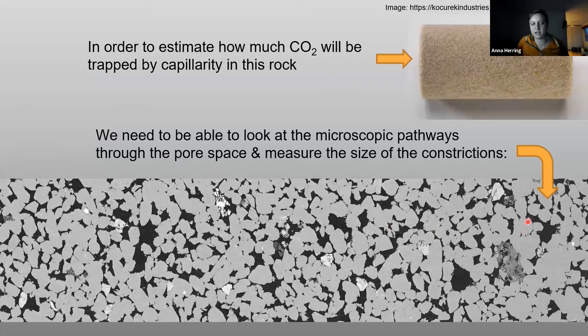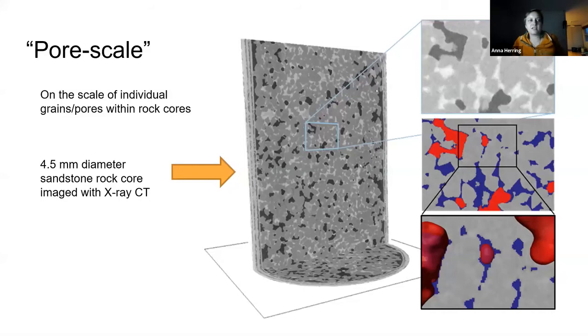And you have rock grains, they appear as this gray color, and then you can see the pore space, which is this darker color, and then we can also see some clays present in the rock as well. Okay, so this is what's called a pore scale perspective. So we're looking at these processes on the scale of individual grains and pores within these rock cores.